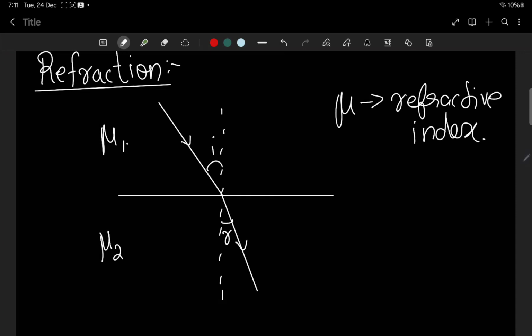So this is mu1 having refractive index 1, and mu2. The bending of the light ray is known as refraction. From this image, can you find which mu is greater?